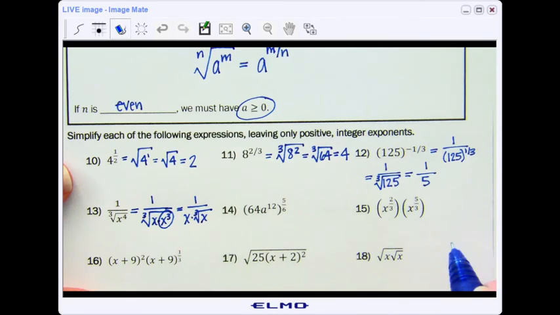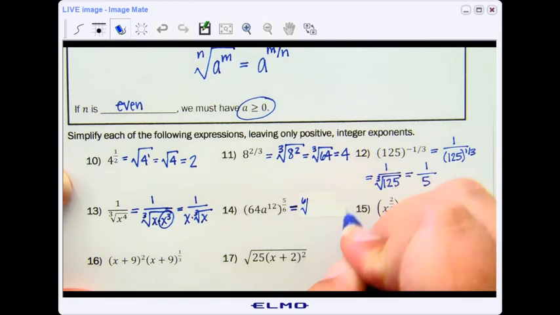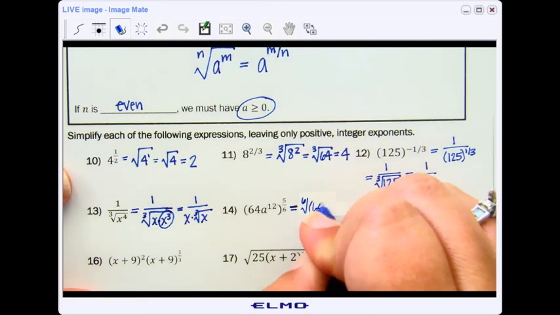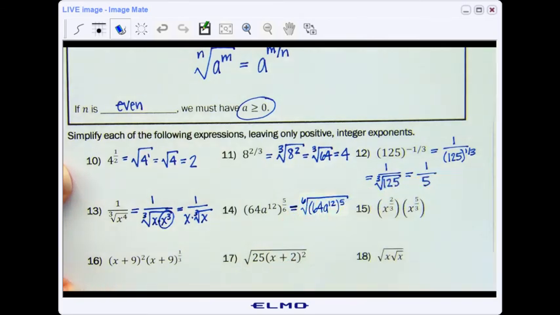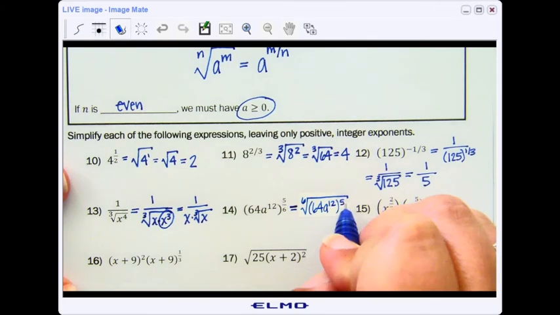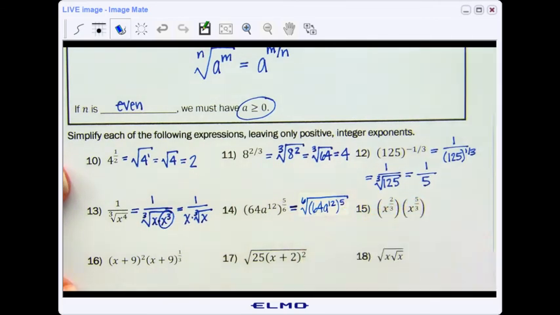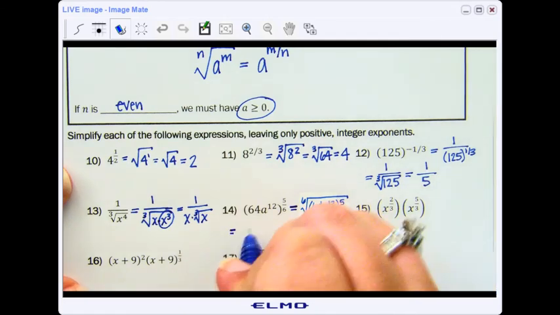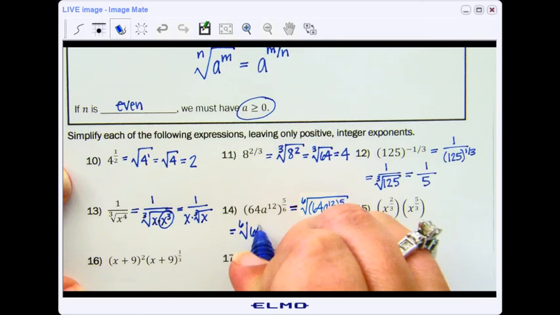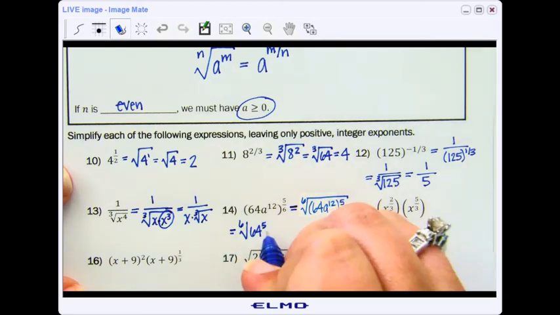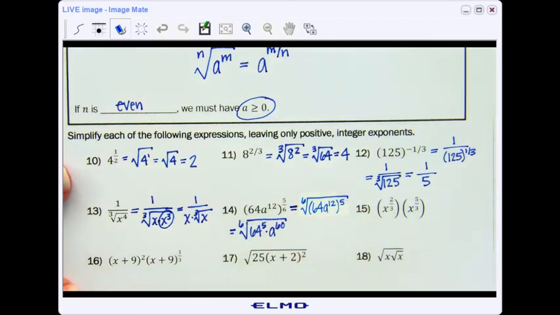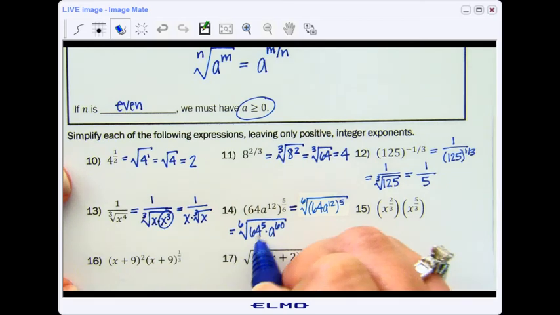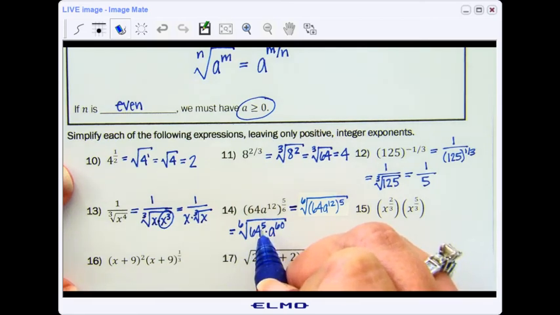In number 14, this is the same as the 6th root of 64a to the 12th raised to the 5th power. When you apply the 5th power to everything inside the parentheses, this becomes the 6th root of 64 to the 5th power times a to the 60th power, because we multiply the exponents. 64 to the 5th power is actually a perfect sixth.